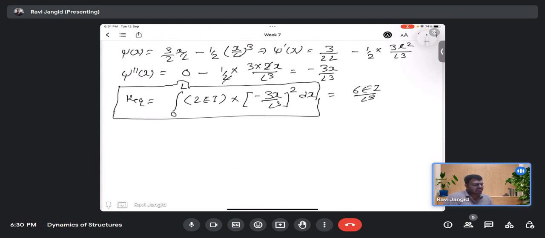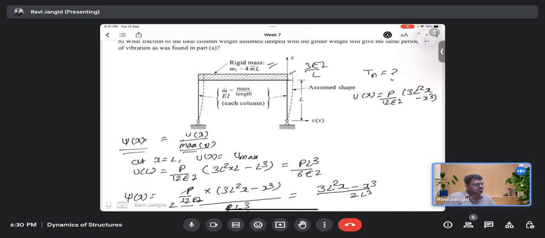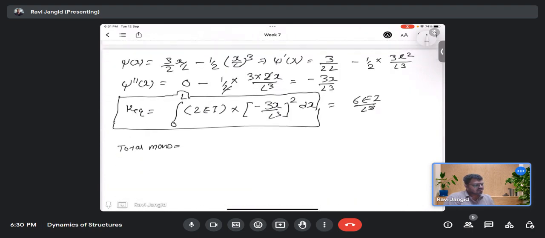So now what is my total mass? I have the rigid mass at the top, M1, which is 4 m bar L. So that is M1 plus m equivalent, which I have calculated for both the columns.